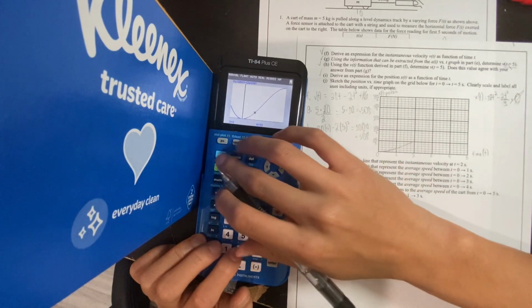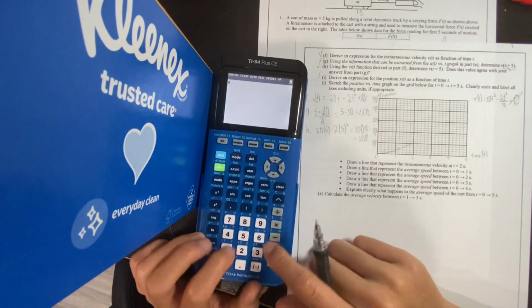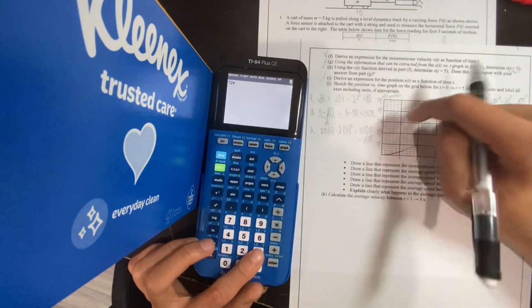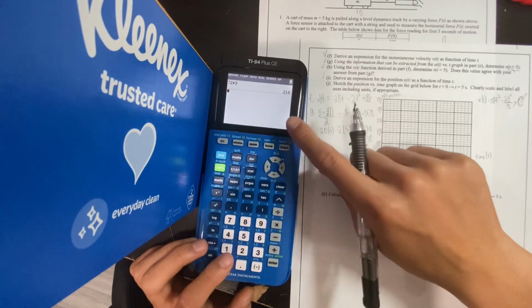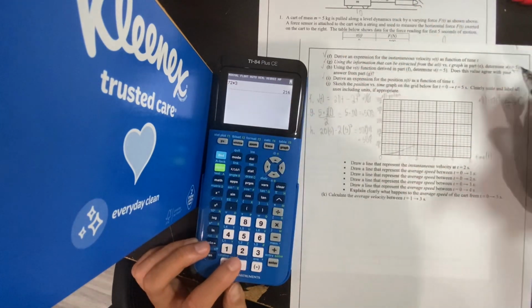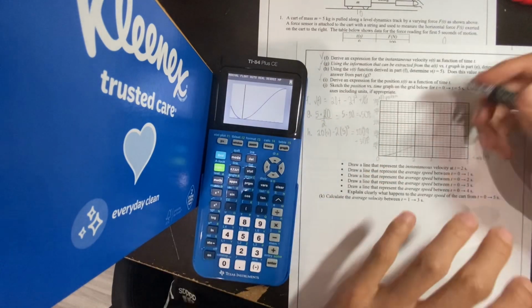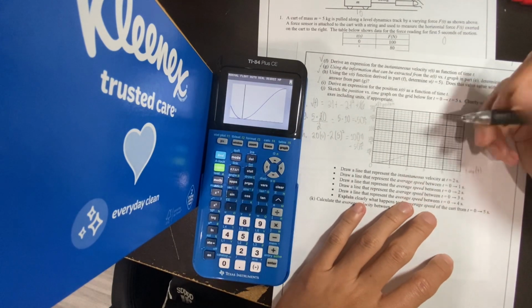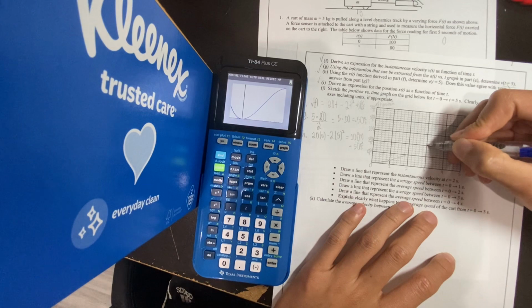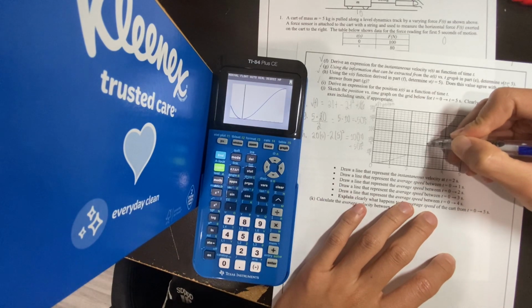And since we want to put it into thirds, that's 216 over 3, right? So let's go back to the graph. 216 over 3 will be a little above here, not quite at the 20.